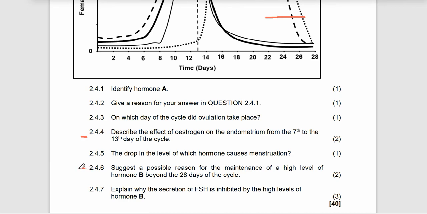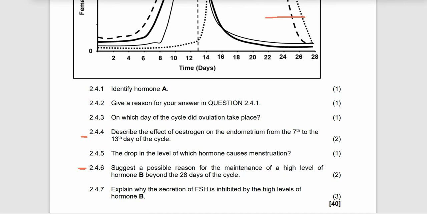So we're moving to 2.4.6. It suggests a possible reason for the maintenance of a high level of hormone B beyond the 28 days of the cycle. So we have to suggest the reason for the maintenance.